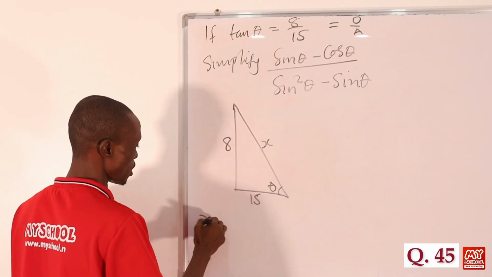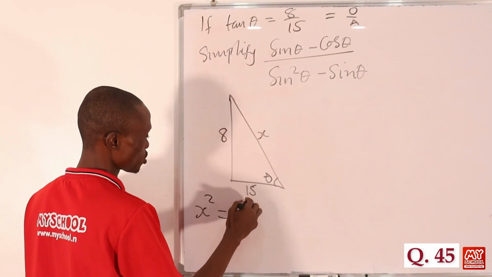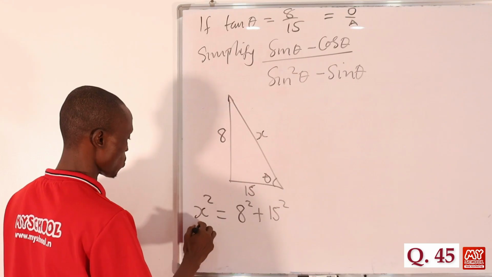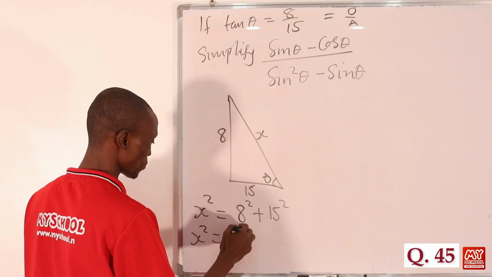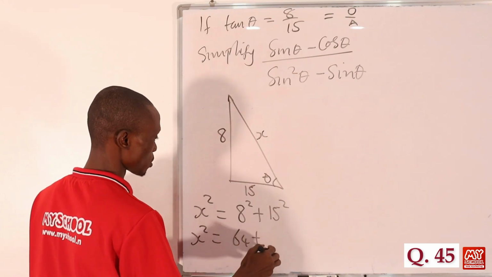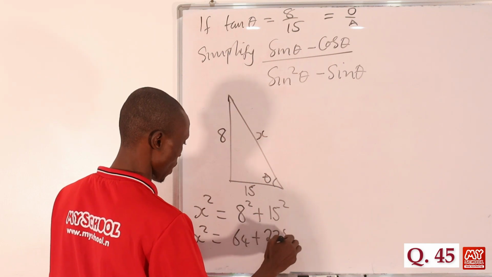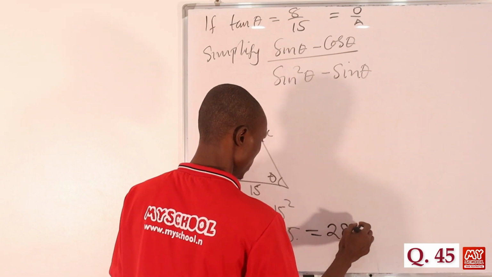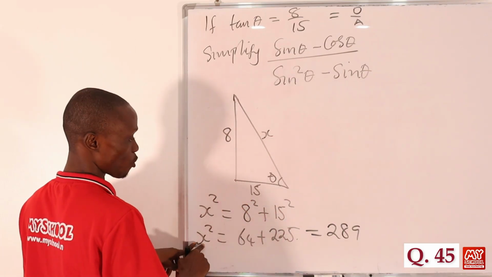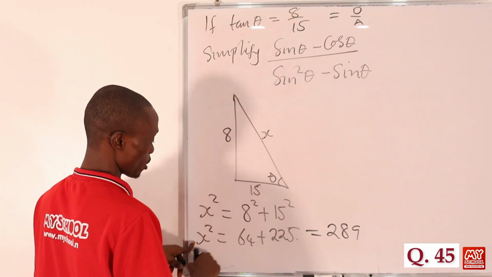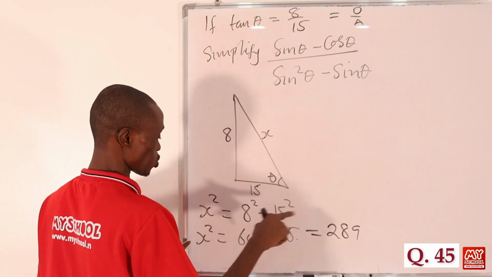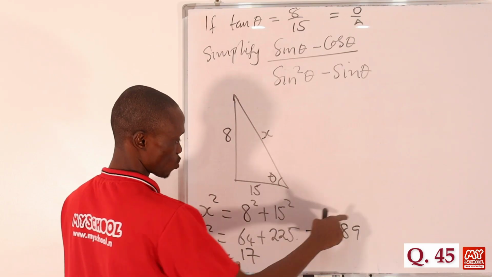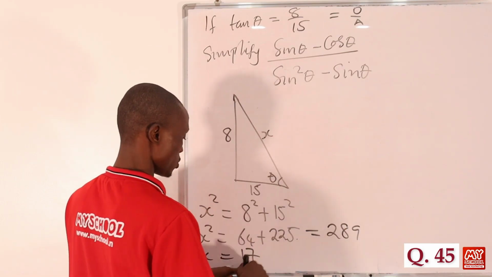So s squared is equal to 8 squared plus 15 squared, so s squared is equal to 64 plus 225, that will be 289. Since we are looking for s and not s squared, we take the square root of both sides. So s will be equal to 17. The square root of 289 is 17.